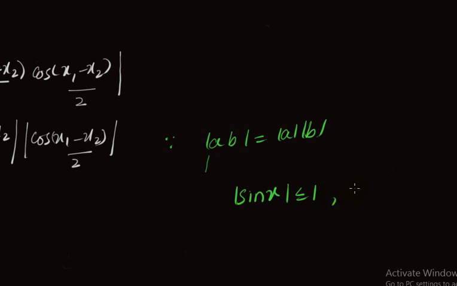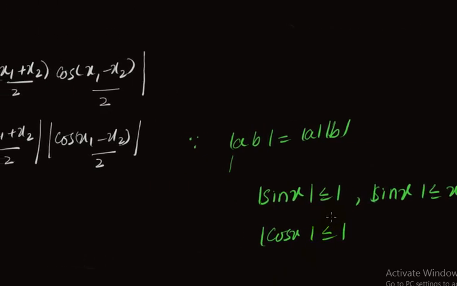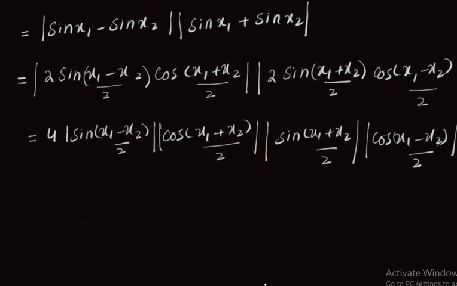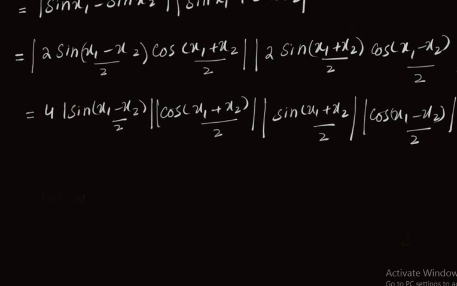Similarly, mod of sine x is less than or equal to mod of x. Also, mod of cos x is less than or equal to 1. Whenever we deal with trigonometric functions, we use these identities according to the situation, and here the situation demands a relation in which x1 minus x2 appears as a factor.